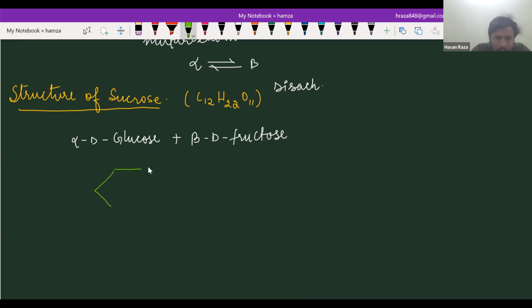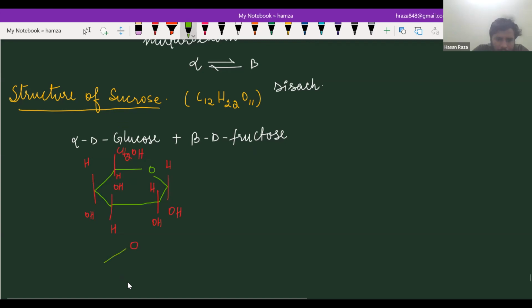It is like this, with H OH, then OH, H, then H OH, and then OH H, and then we have H CH2OH. This is alpha D glucose.